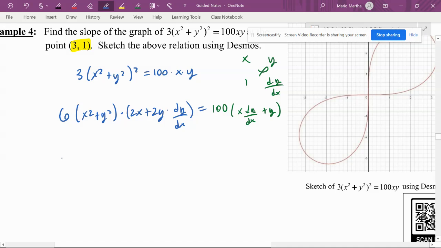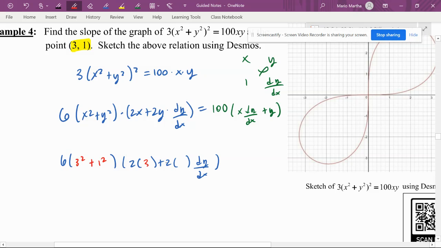So let's do that. That's going to be 6, and then, right, so you can have 3 squared plus 1 squared, right? So I'm substituting the x and the y values now, times 2 times 3 plus 2 times 1 times dy/dx. You're going to see why it makes this a lot simpler.